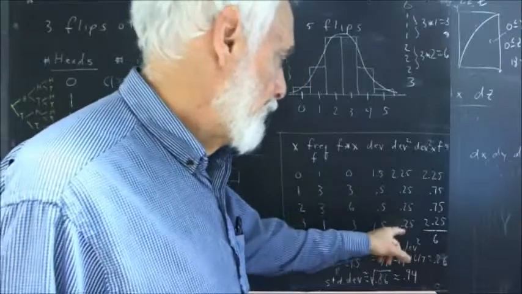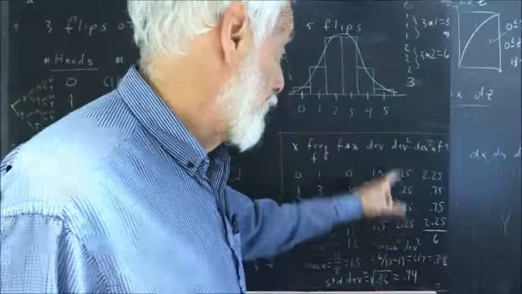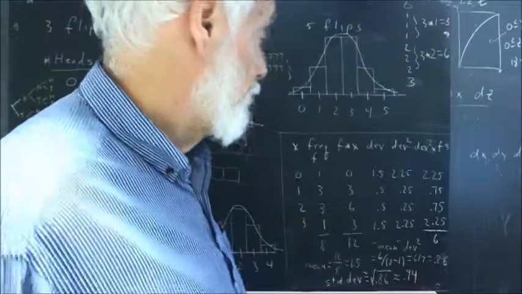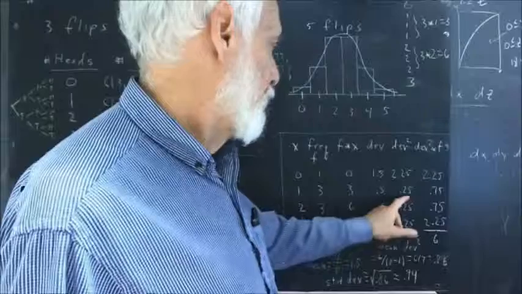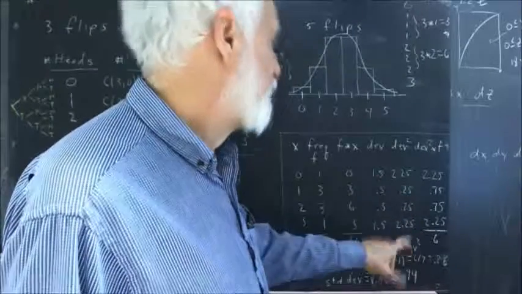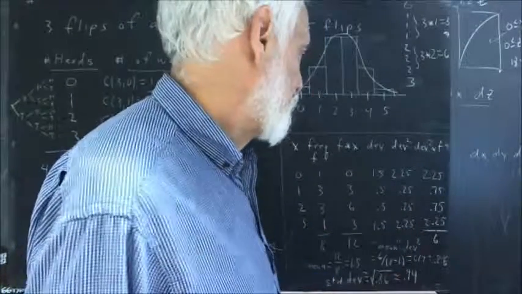Now, we don't want to just add up these numbers because there are 3 of these, and there are 3 of these. Now, there's just 1 of these and 1 of these, but there are 3 of these and 3 of these. We could list the deviations, the 8 deviations, just as we have, and we understand that if we did that, we would have 3 of these, so we would multiply this by 3, add that to this one, multiply this by 3, and add that to the result, and then add this one.